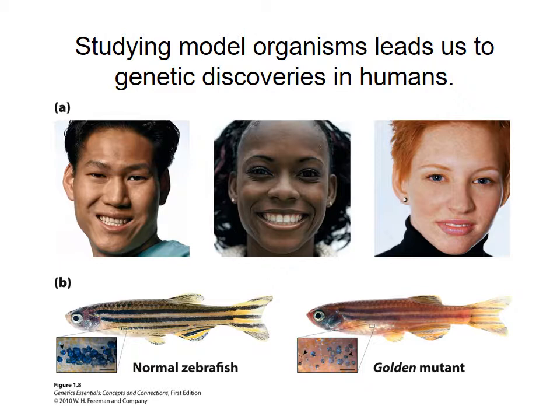So it translates to a mutation that you would see in somebody with red hair, red pigmentation in the skin, or really more orange, but we say red. And the normal zebrafish would relate to the normal coloration of the other individuals in the picture. So now what we're saying is that things that you study in one organism can translate to the same type of gene in other organisms.